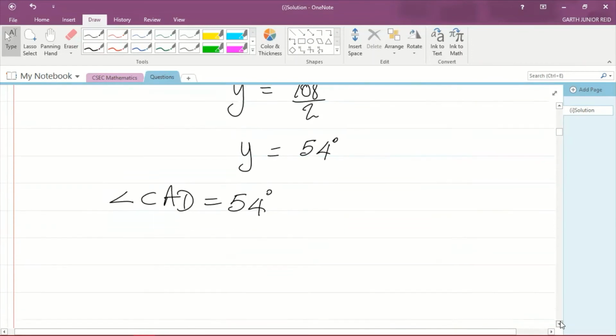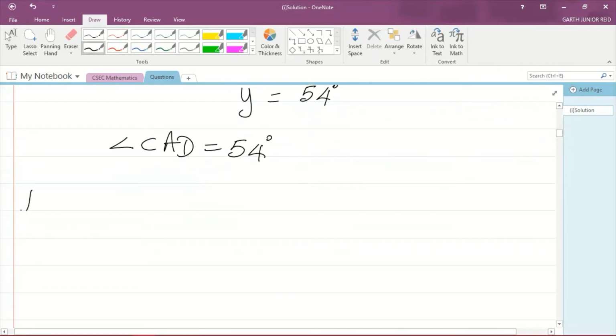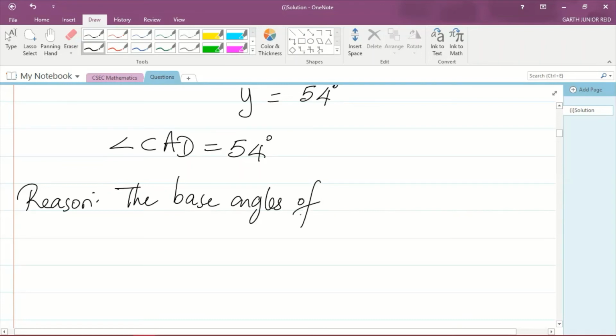Good. So my reason here is that the base angles of the isosceles triangle, that triangle was AOD, are equal.